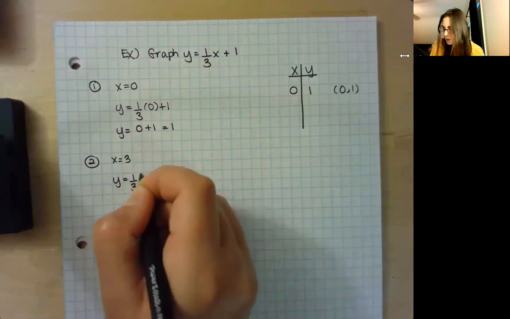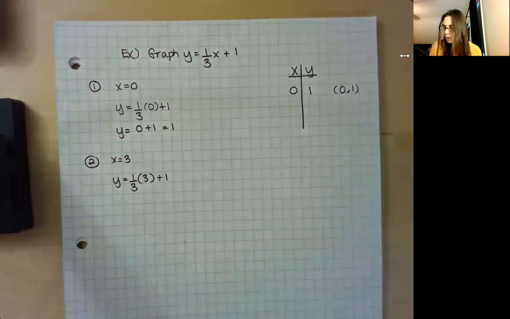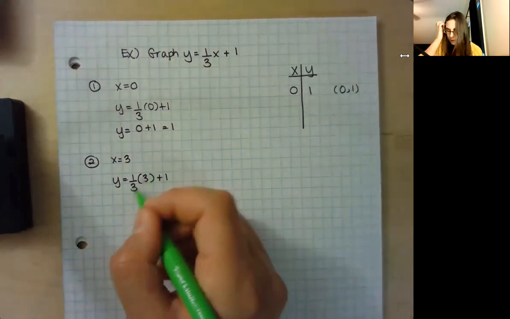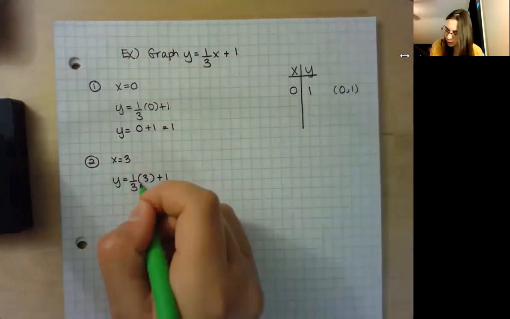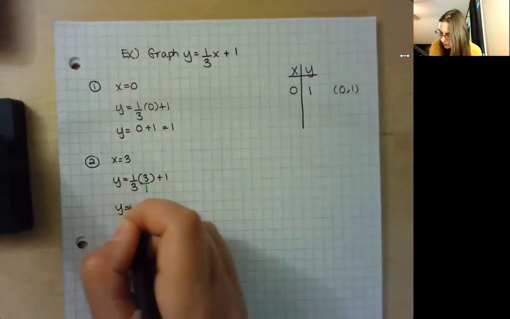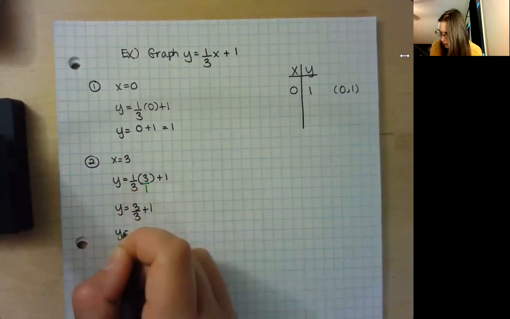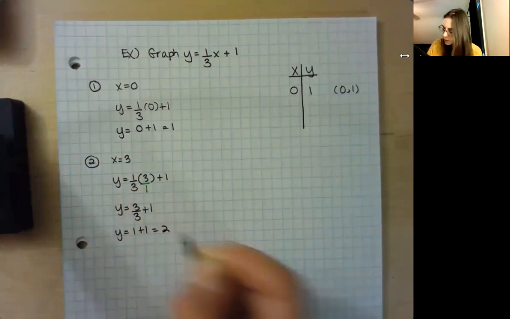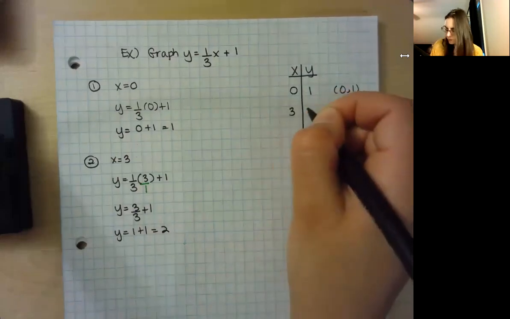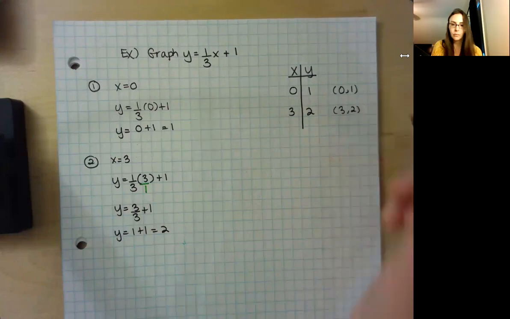If I choose the same thing as my denominator, because 3 over 3 is going to cancel out. Now, if you're not sure, you can always multiply straight across. And what happens is you get 3 over 3 plus 1. Well, 3 over 3 is just 1, and 1 plus 1 is 2. So I get my next point, 3, comma 2.